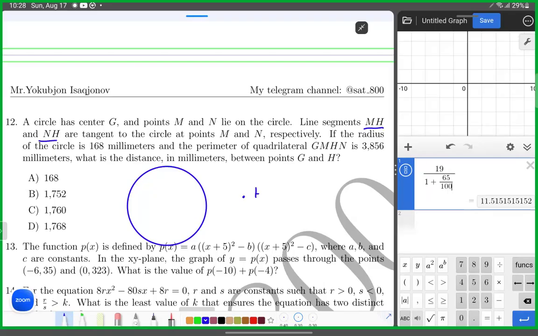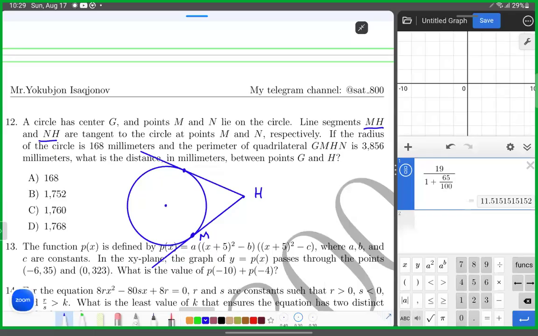H is here. From here, I will provide my tangent line. Okay, it is called, let's say, M, and I provide again from here to my circle a tangent. A tangent line means such a line which touches the circle at only one point.